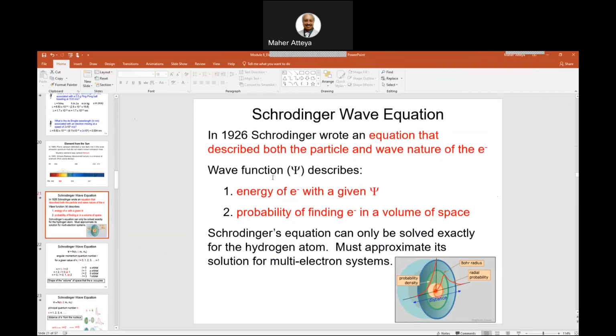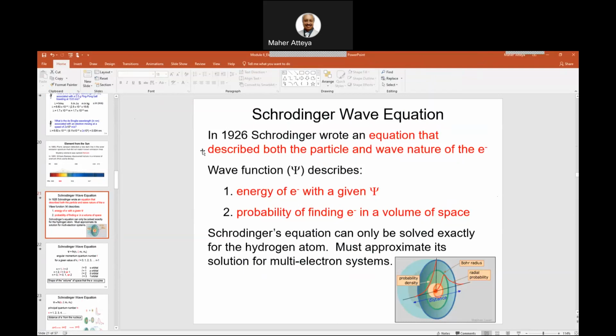So Schrödinger in 1926 came out to characterize the shape of this type of electron, their characteristics, how those electrons are moving around the nucleus. He came up with the mathematical equations.